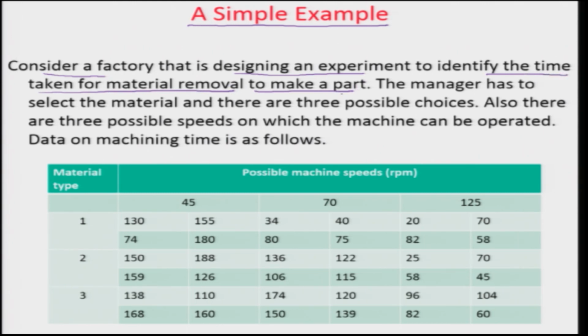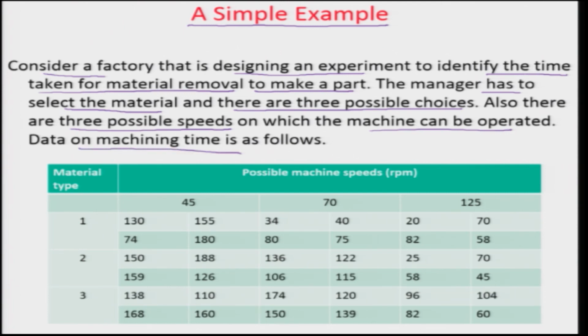The manager has to select the material, and there are 3 possible choices. Also, there are 3 possible speeds on which the machine can be operated.